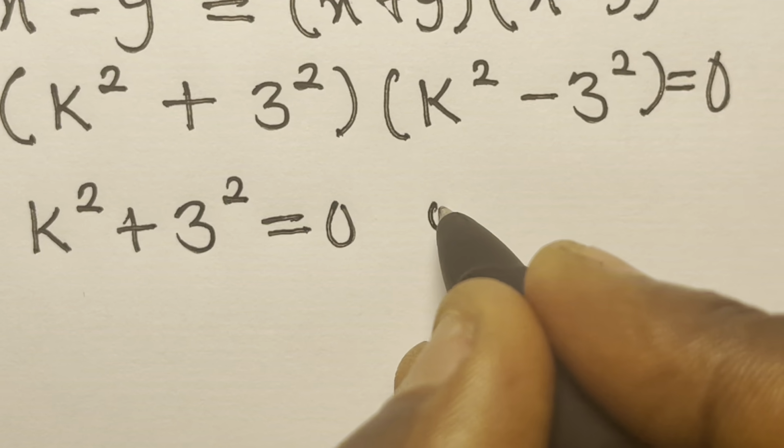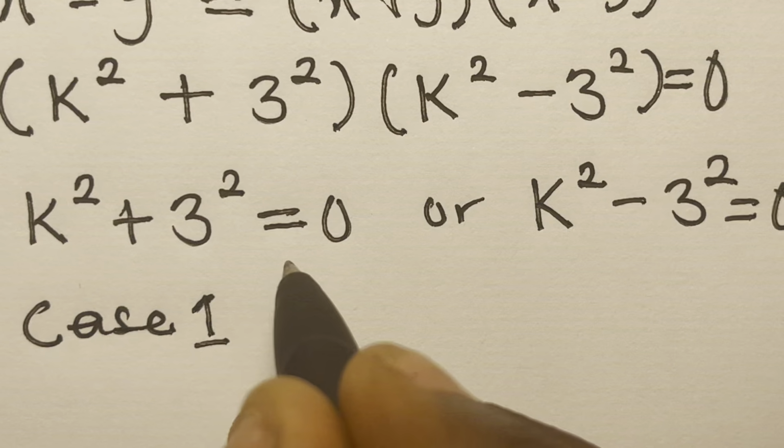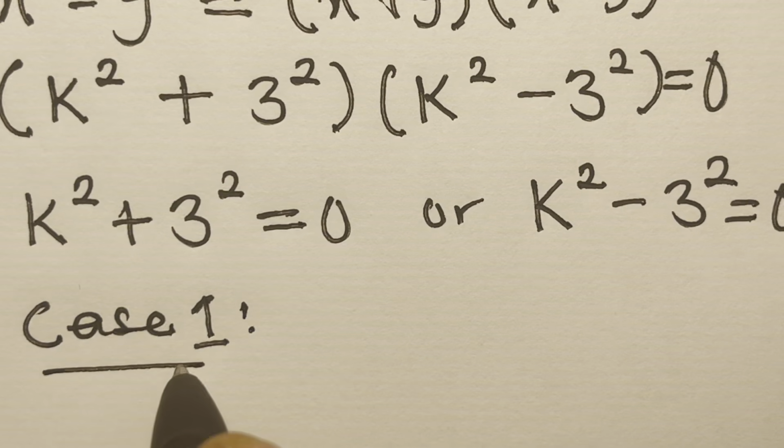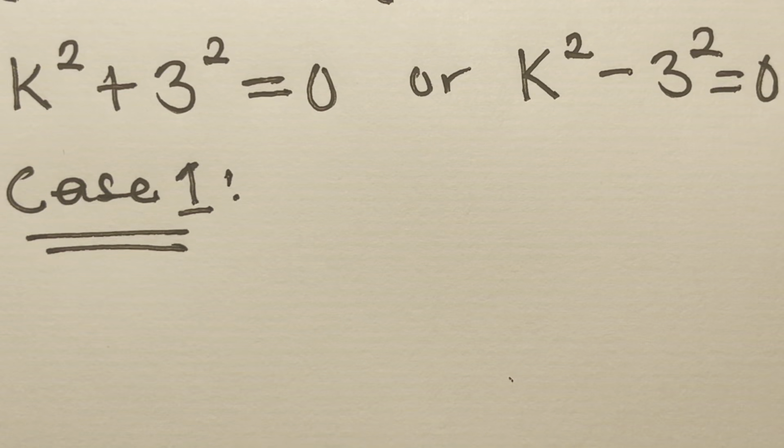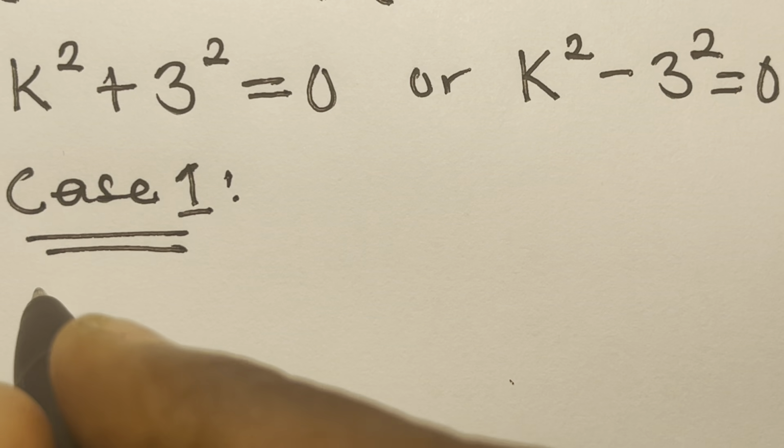So now we have case 1. Let's consider this as case 1. What do we have? We have k square plus 3 square equals 0. So this will be k square plus, 3 square will give us 9, right?